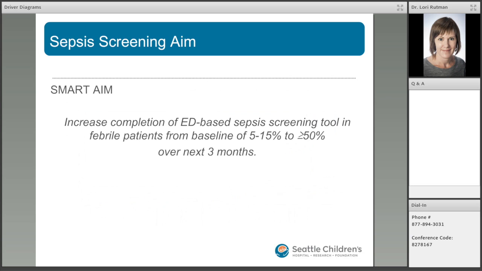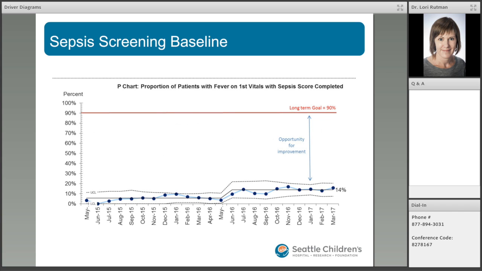So with that in mind, for this project we developed a SMART aim to increase the completion of the ED-based sepsis screening tool in febrile patients from the baseline that you saw on the previous slide of 5 to 15% to greater than 50% over the next 3 months. And you may ask, if we go back to my prior slide, my goal was 90%. I felt almost all of these patients really should be screened.